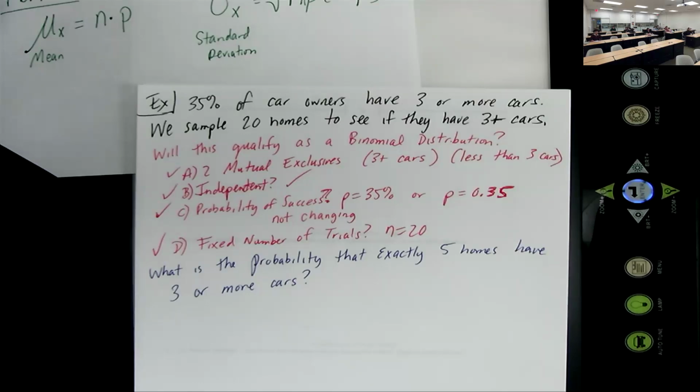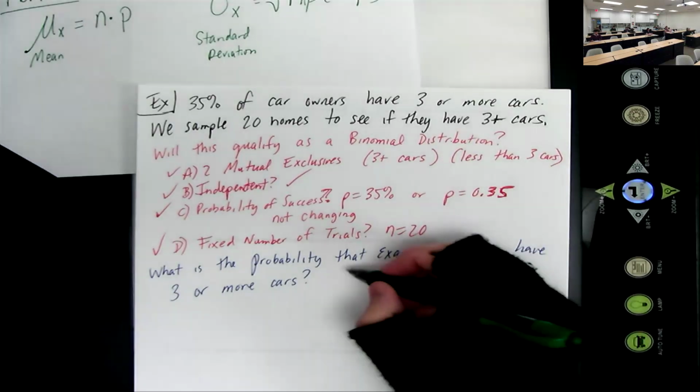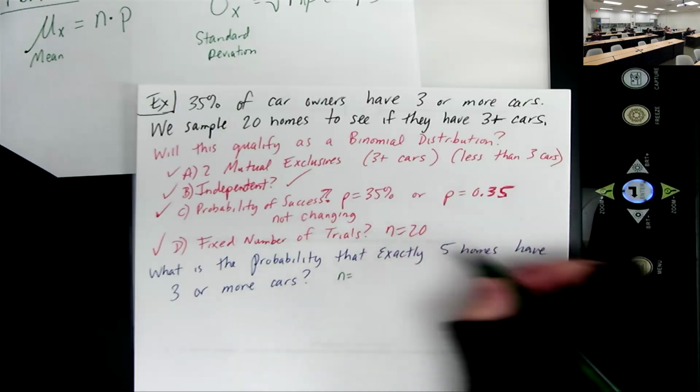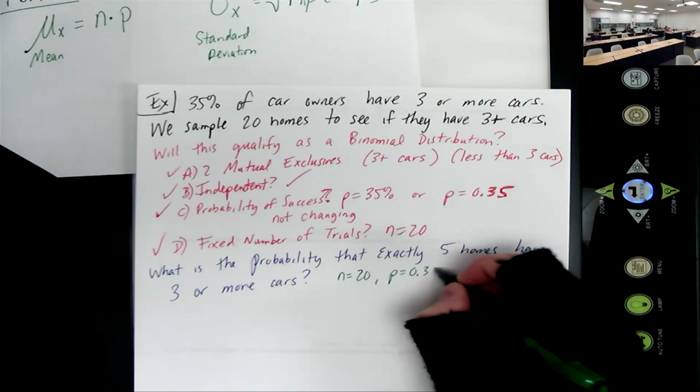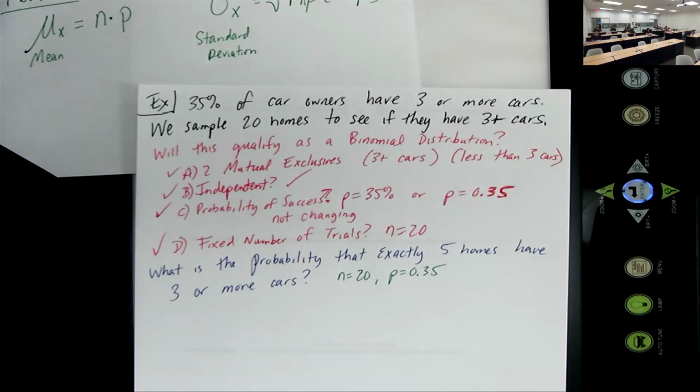Now, if we were doing this out by hand, well, first off, what is n here? I think we just said it, n is 20. We have p equals 0.35. What is my x here?